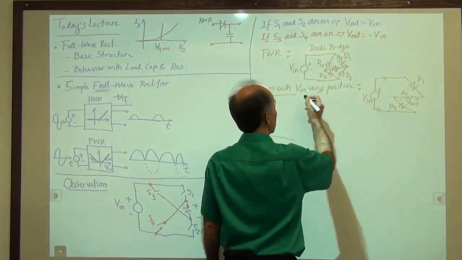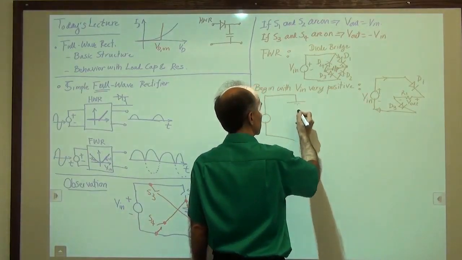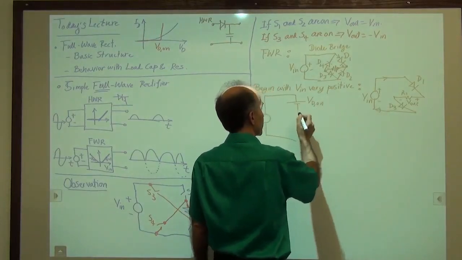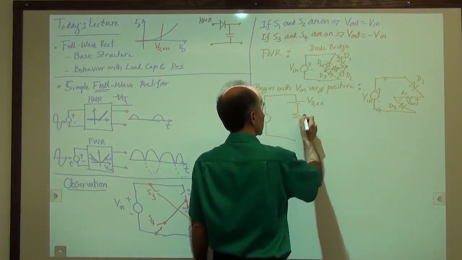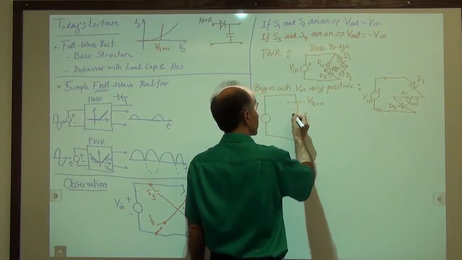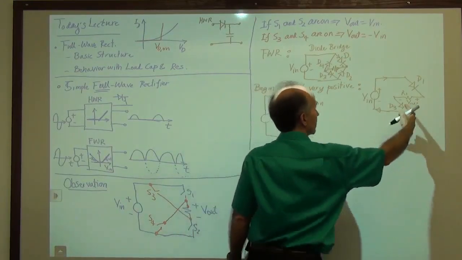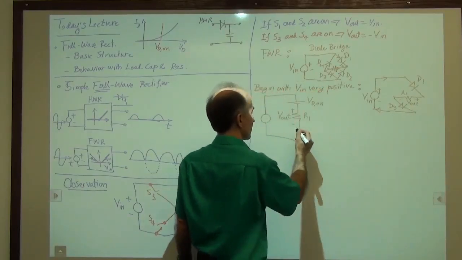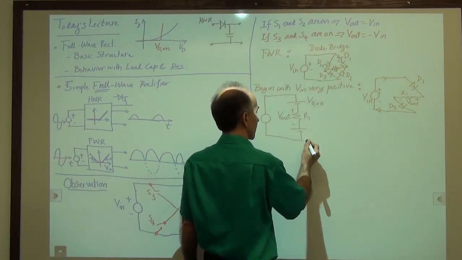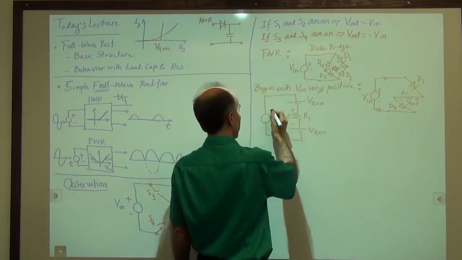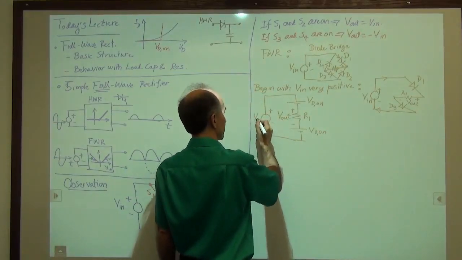We're going through D1. D1 is a battery, VD on. Then we're going through the resistor, R1. Vout is measured from here to here. And then we're going through D3, which is also a battery because it is turned on. So that's also VD on. And that is our voltage source at the input.